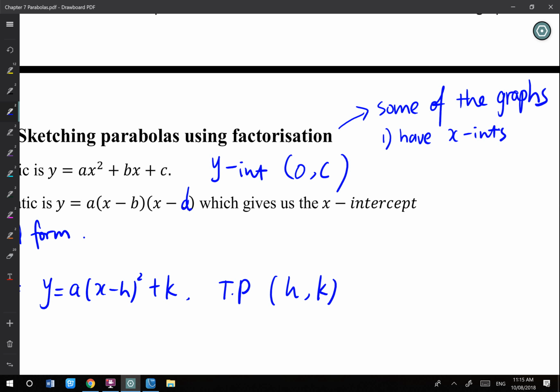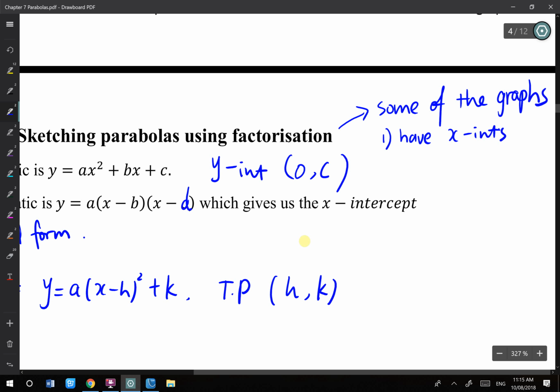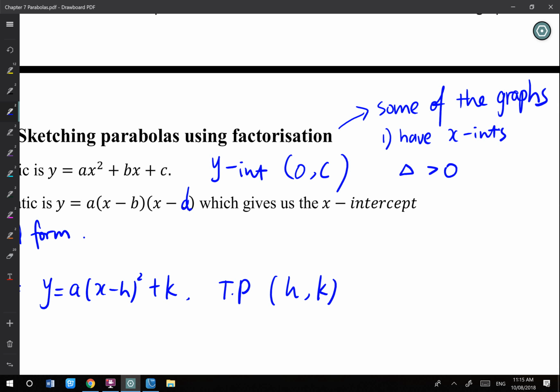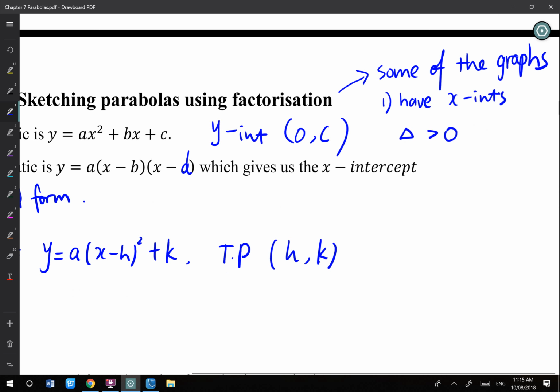There's no way to factorize. Or also you need discriminant greater than 0. That's how you can factorize it. If you can't have discriminant greater than 0, no way to factorize. So therefore, this is not a really great method to do things.